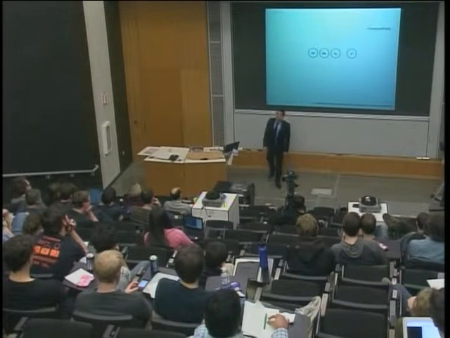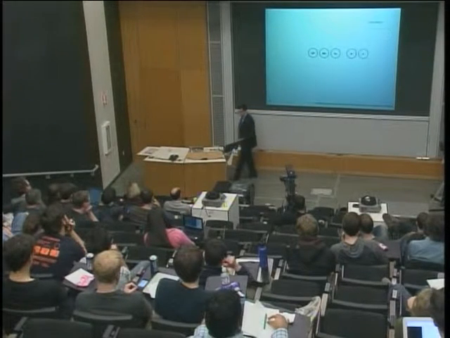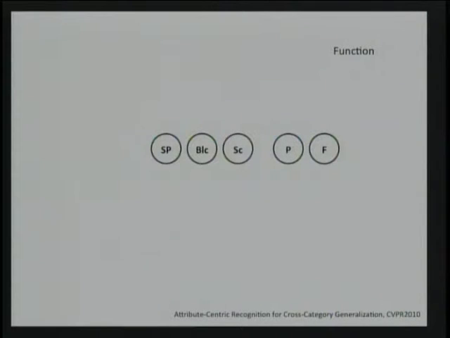So this creature has the potential of having leg. I don't care if the leg is visible or not. I'm going to put a node for function. This thing moves on the road, can run. And I'm going to put a node for aspectual attributes. This is facing to the right, sitting down, and so on.